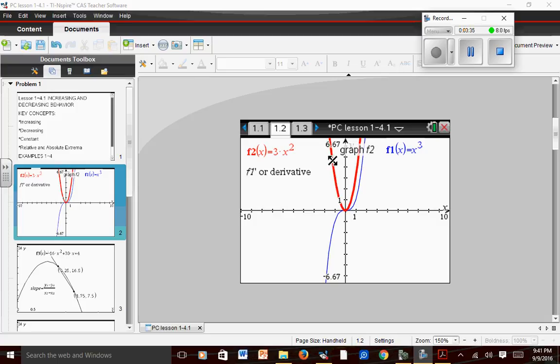It's in the positive area all the way until we hit 0, and the blue one is increasing on that whole interval up to there. And then at 0, the slope is 0, and the parabola reaches the point at the bottom. And then it stays positive all the way up as you go.